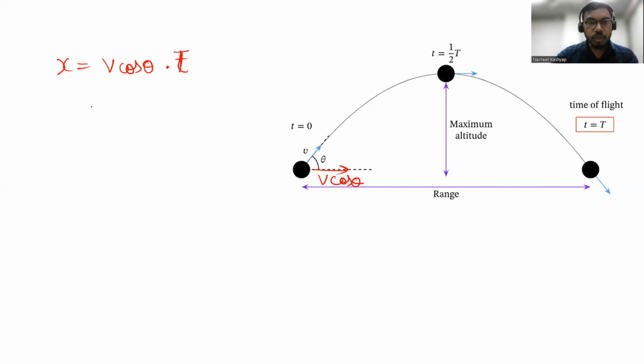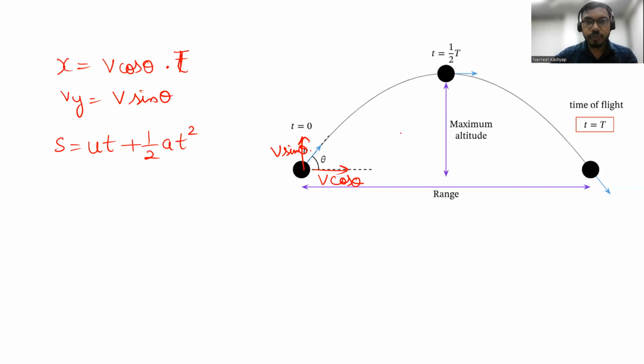Now, what about the vertical velocity? The vertical velocity, as we have seen, is v sine theta, which is in upward direction. Now let's use these to find the path of the projectile. We can use the second kinematic equation for uniform acceleration, which is s equals initial velocity into time plus half of acceleration into square of time.